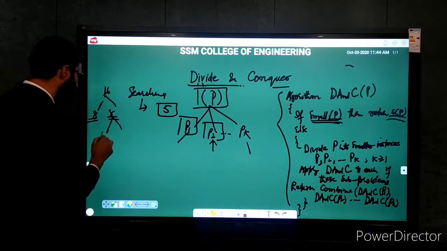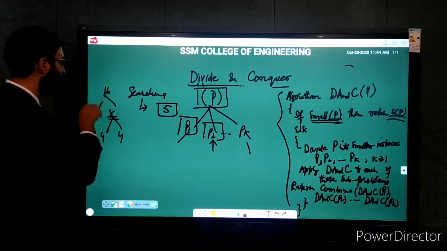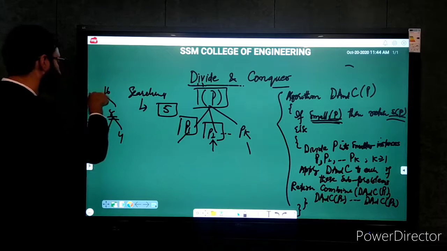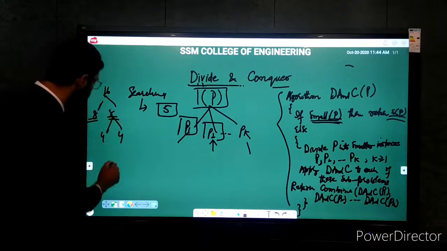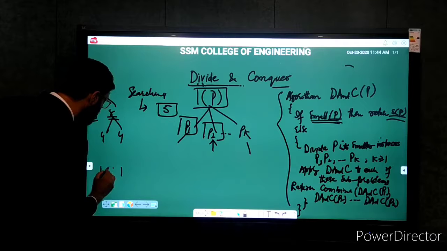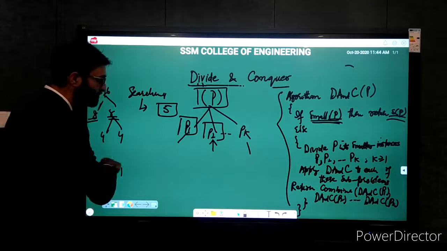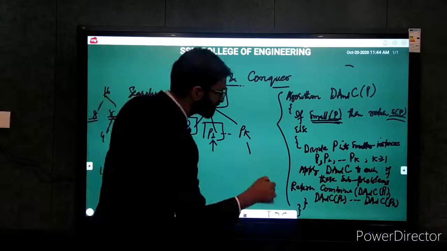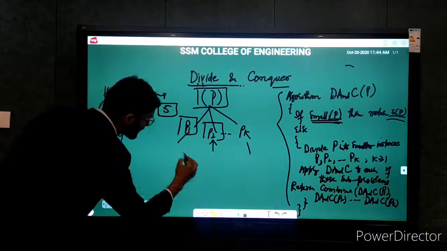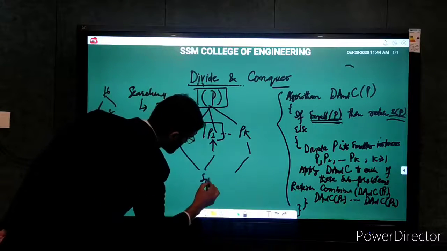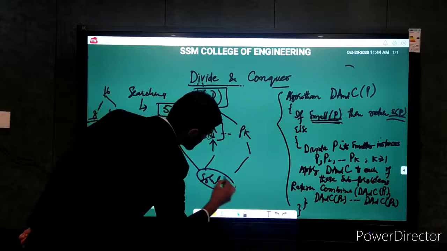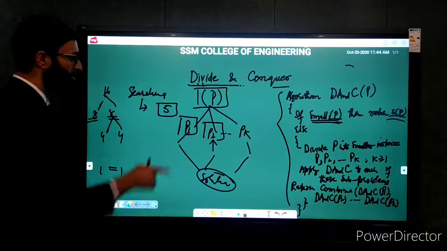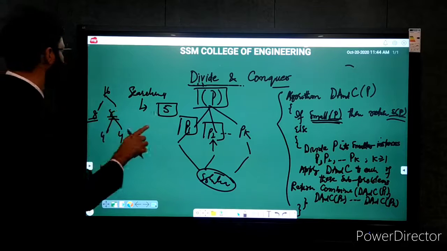Then again we are dividing each problem into smaller instances until we reach the base case, 1 and 1. So we apply divide and conquer to each of these sub problems. Then we combine these and find the solution to the problem. This is the algorithm for divide and conquer.